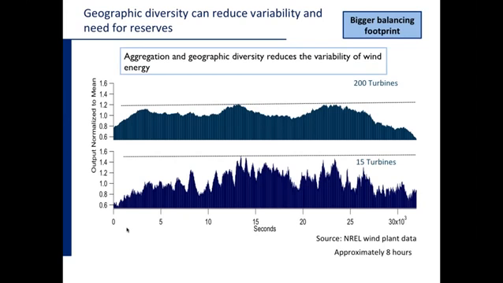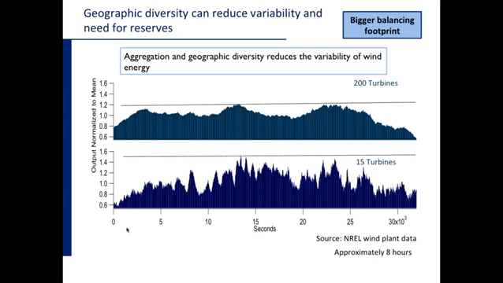Balancing area size has a couple of really important impacts. The first one is on the renewable energy itself, and that's what this particular graph shows. This graph shows the impact of geographic diversity, or in other words, larger geographic areas, on the variability of wind output. The data that you see here came from an NREL data collection program where we collected 1-second data from wind plants that were operating around the country.